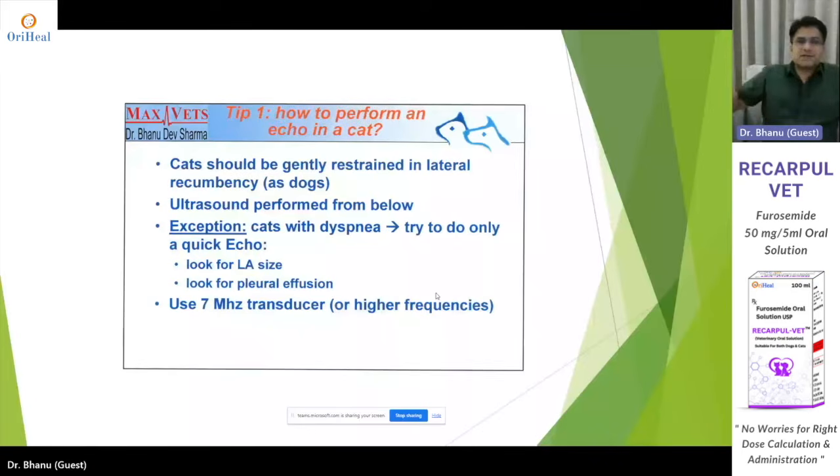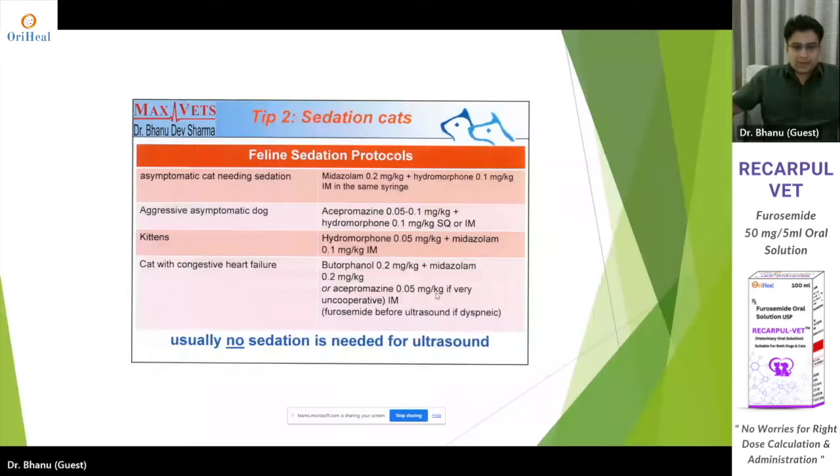There are some feline sedation protocols, because sometimes the severely dyspneic cat, who is under a lot of stress because of being in the clinic and because of other people being around, has high chances of dying on the table with CHF.